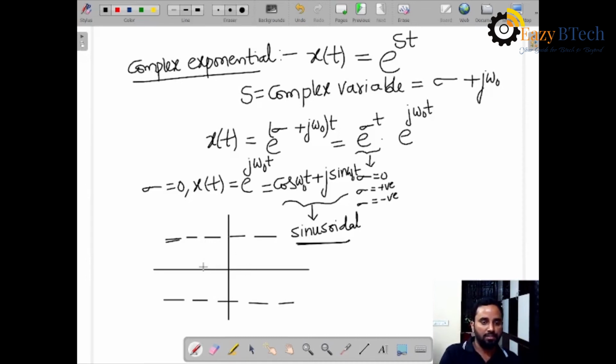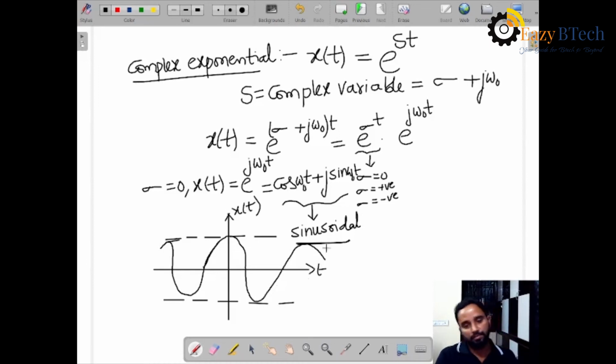So this is the sinusoidal. This is case 1. If the sigma value is equal to 0, we get a sinusoidal function having constant amplitude. Amplitude levels are constant. This is case 1.